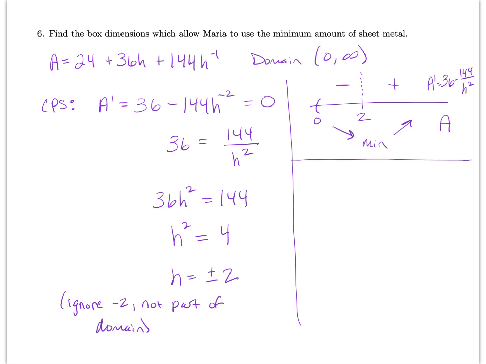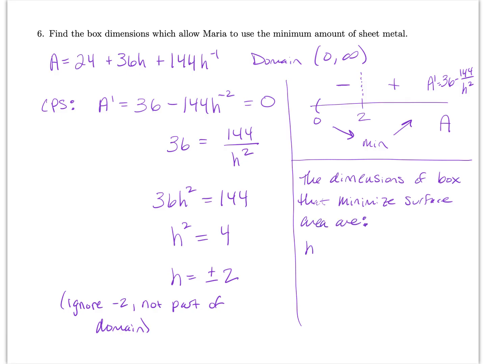Okay. So the dimensions of the box that minimize surface area are, well, we know H equals 2.